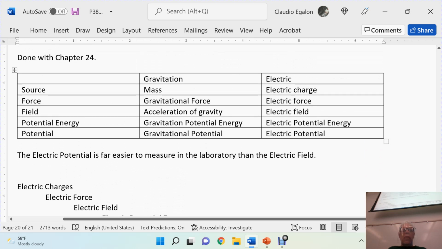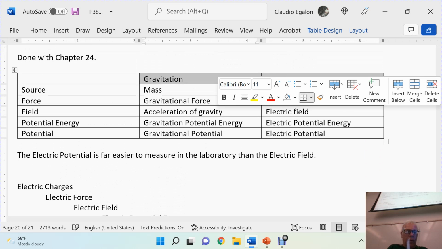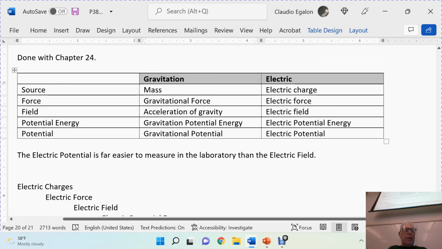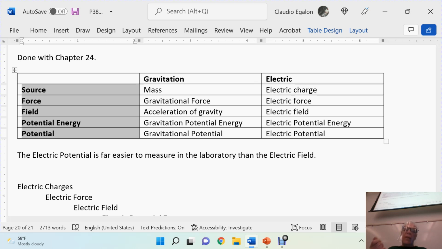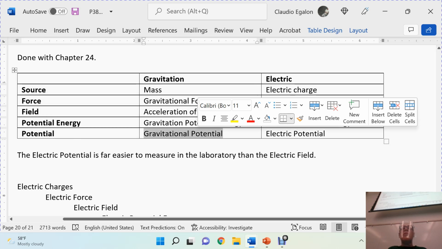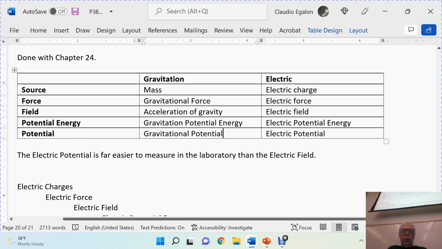We have a similar progression in mechanics. First we talk about the mass, then we talk about the gravitational force, then the acceleration of gravity, then the gravitational potential energy. We don't talk about the gravitational potential, but it follows rather easily. Okay, I'm going to show you how it follows. And we are going to concentrate now on those two ideas.